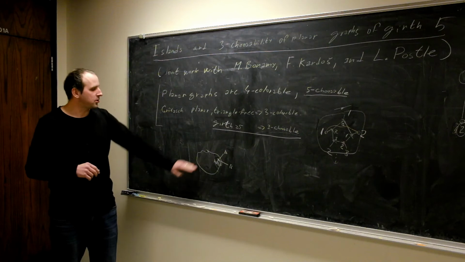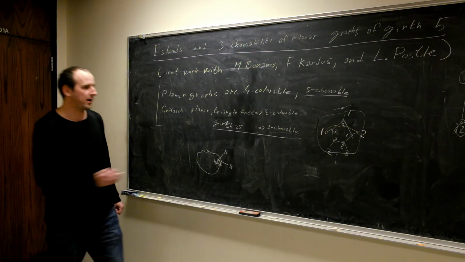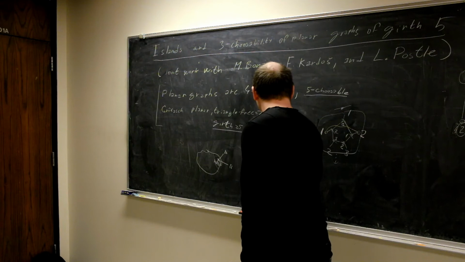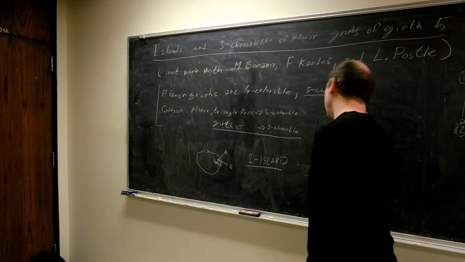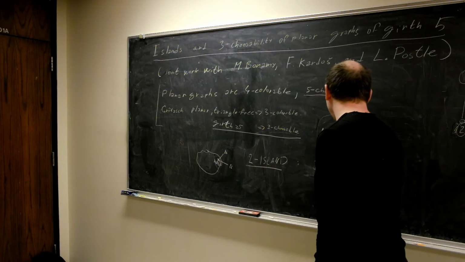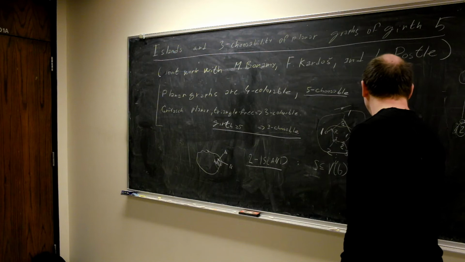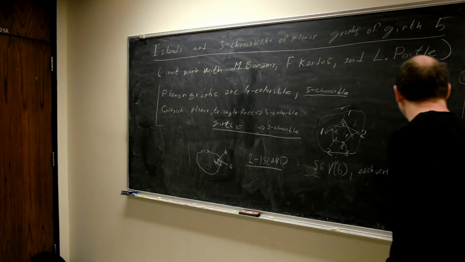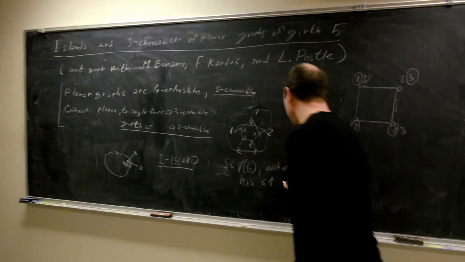Such subgraphs are called, let's say, 2-islands. So a 2-island is an induced subgraph, or a set of vertices S of your graph, such that each vertex has at most one neighbor outside of S.